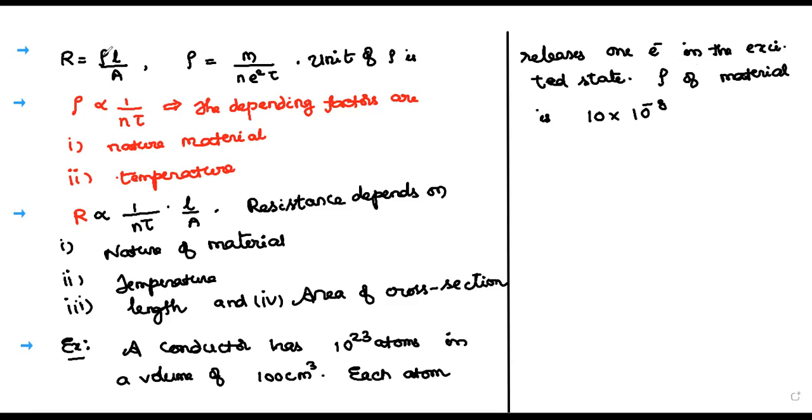R A divided by L. R is ohm, area is meter square, divided by L, that is meter. So the unit you get is ohm meter, one meter gets cancelled. Now, 10 into 10 power minus 8 ohm meter.